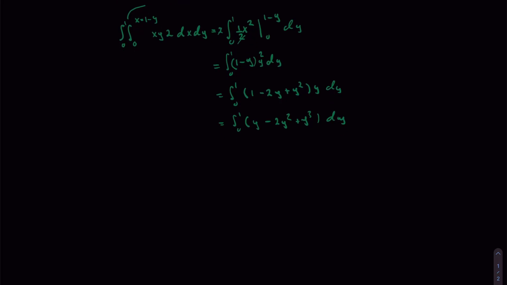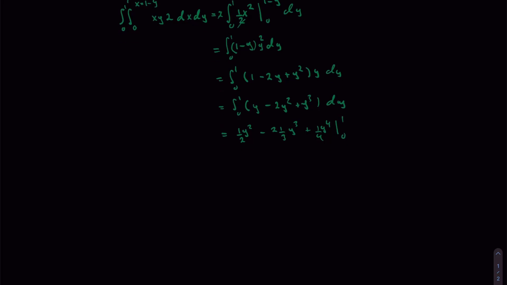Now we take the integral over each one: y squared over 2, minus 2 thirds y cubed, plus y to the fourth over 4, all from 0 to 1.